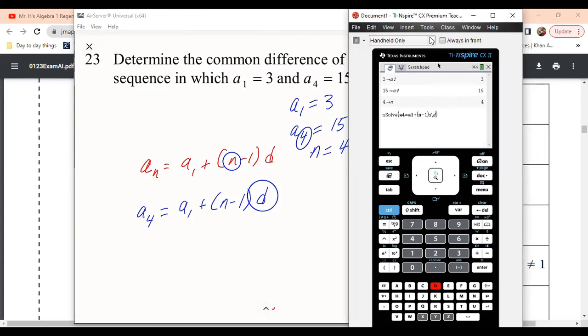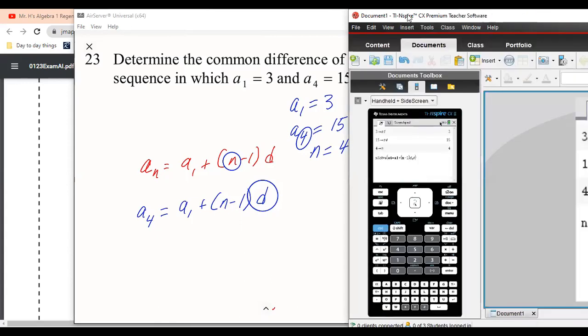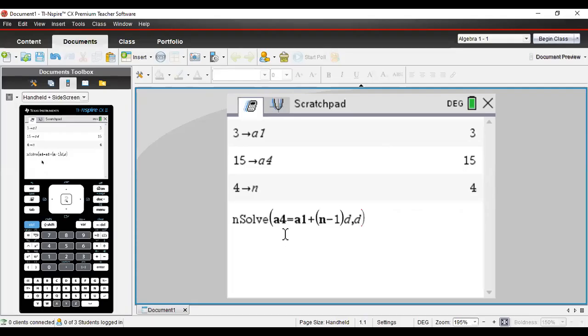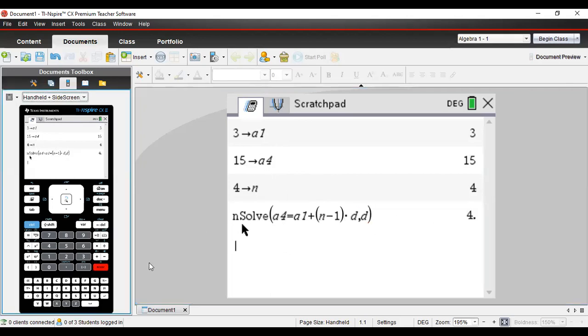Now I want you to look at this again. Notice that the A4, the A1, and the n are all bolded because we stored numbers in for those variables. Now all we're going to do is press enter, and it tells us that the common difference is 4.